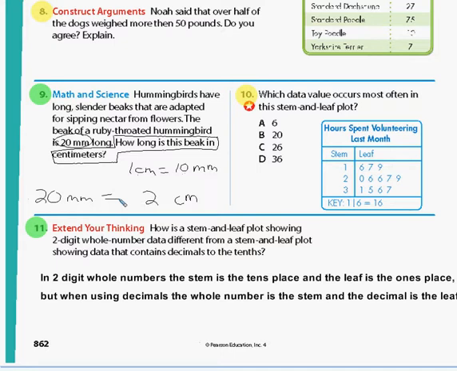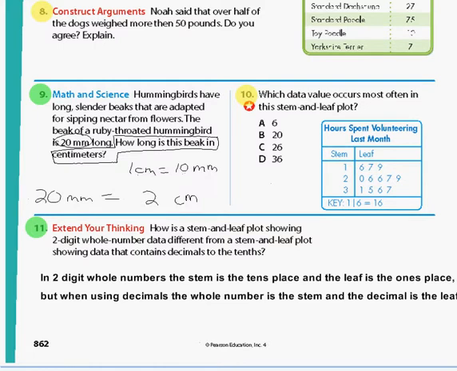And question number 10. Okay, which data value occurs most often in the stem and leaf plot? Pretty easy question. Make sure you're looking at your key. Okay, and question number 11. How is a stem and leaf plot showing 2-digit whole numbers data different from a stem and leaf plot showing data that contains decimals and tenths? On the first 2 independent practice questions, it kind of showed you that.